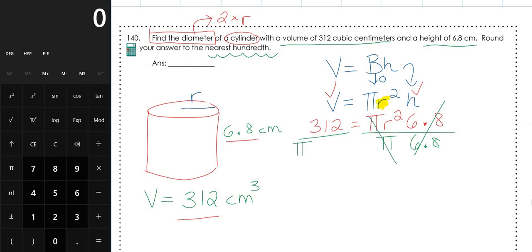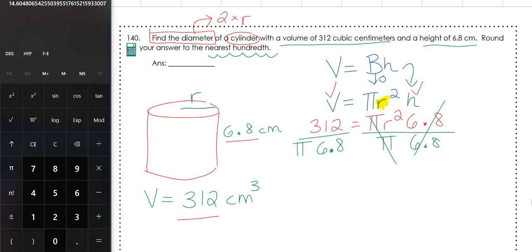Pi and 6.8. Now you should know that this is not going to get you a pretty number. Let's take a look at what it looks like in the calculator. So 312 divided by pi equals, and now to divide by 6.8, click divide again, and then the 6.8. So you divide one at a time. Okay, so it's about 14.60 yada yada in the calculator.